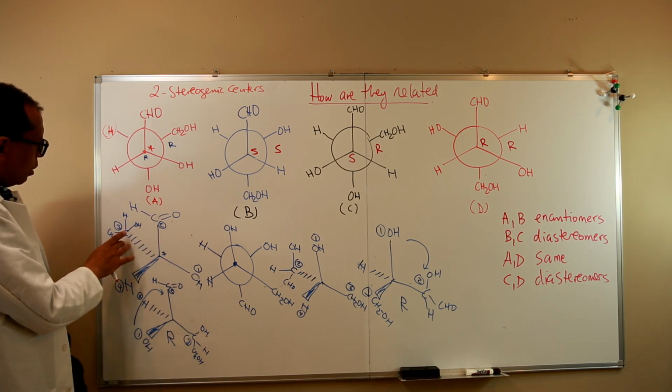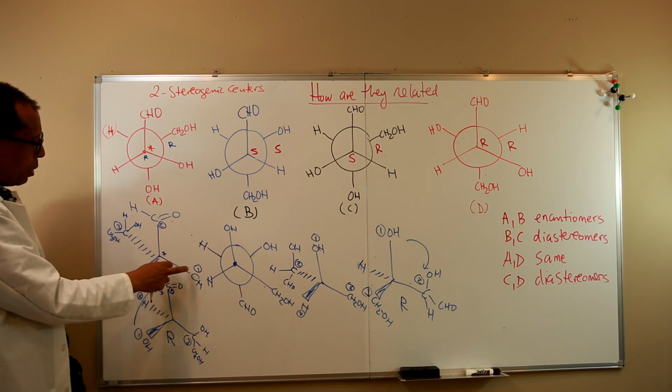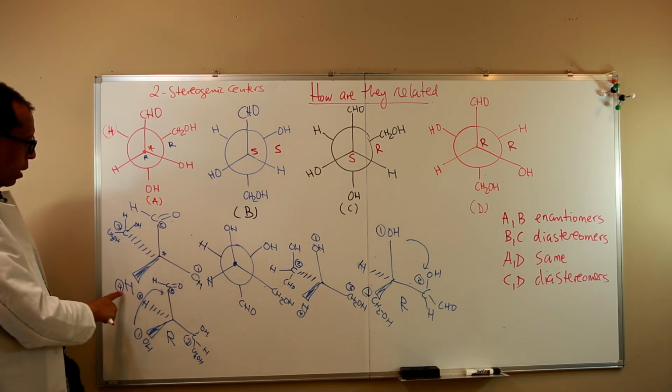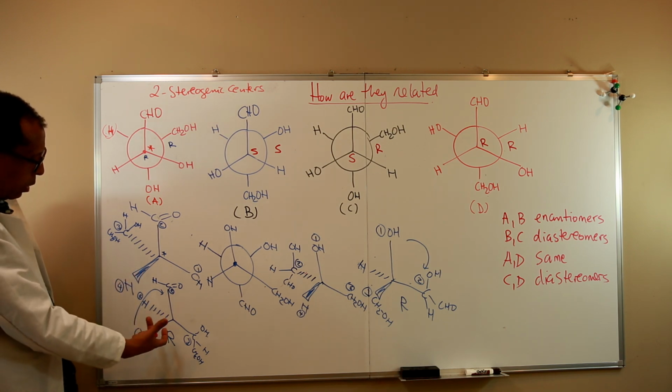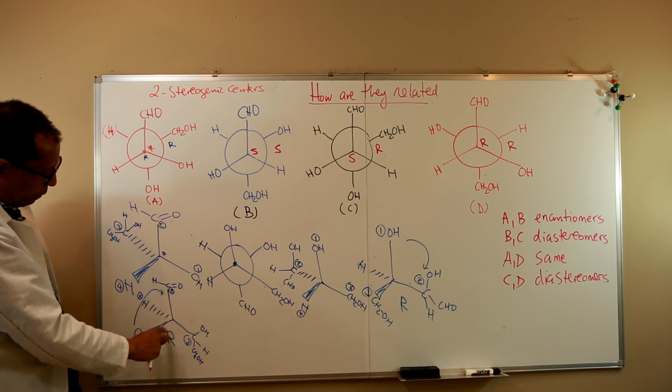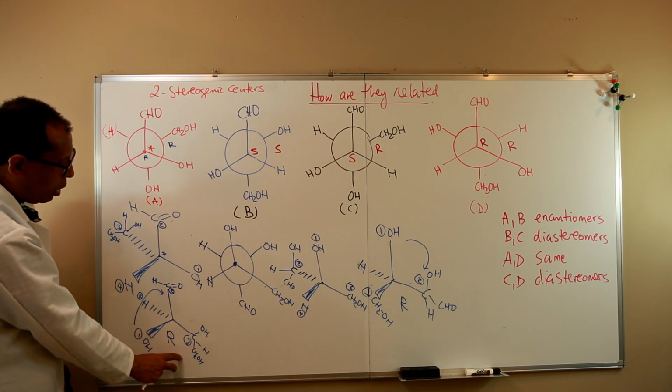The back is containing all this. So priority assignment is 1 to 2, but you want to send the hydrogen to the back. So I just sent the hydrogen to the back. I have this configuration as R.